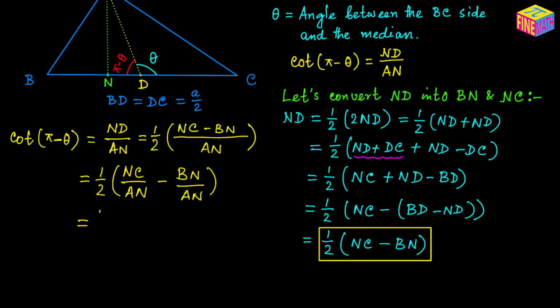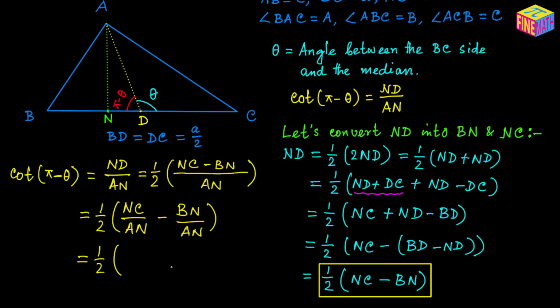NC over AN will be cotangent of C, if you think about the right triangle ANC. And BN over AN, in the right triangle ABN, will be cotangent of the angle B.